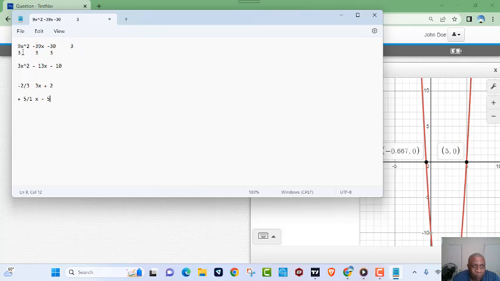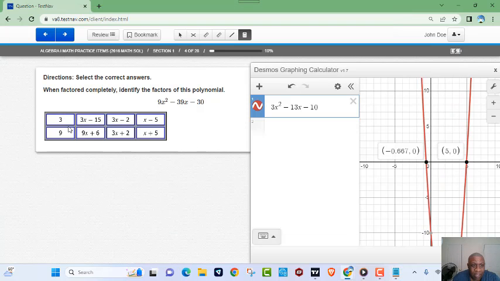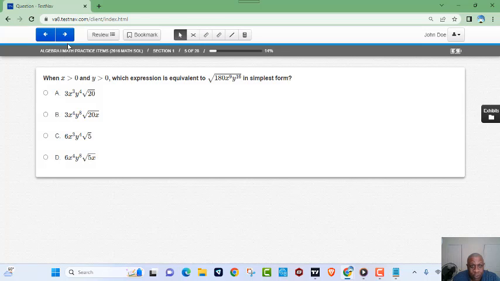So the factoring of the 9x squared minus 39x minus 30 is the 3, the 3x plus 2, and the x minus 5. And if we go back here, yep, the 3x plus 2 and the x minus 5. All right, great. Let's go on to the next question.